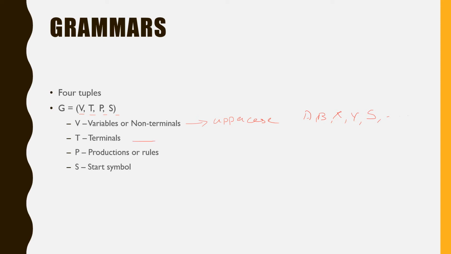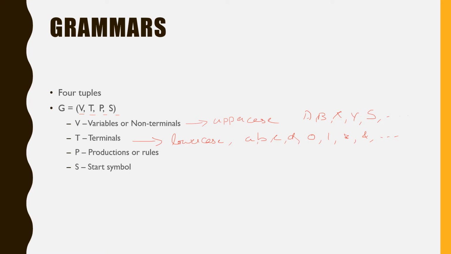And terminals are usually represented by lowercase alphabets or some special symbols can also be used. So a, b, c, d, 0, 1, star, ampersand, and so on. All these can be said to be terminals, and these terminals cannot be derived any further.